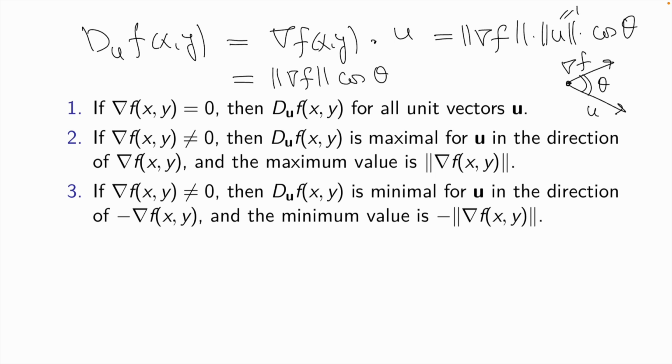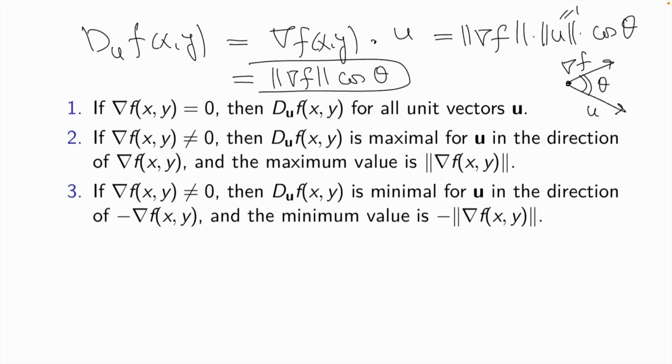And we know that the cosine is a number that goes between -1 and 1. So we are going to get a maximal value when the cosine is 1 and a minimal value when the cosine is -1.